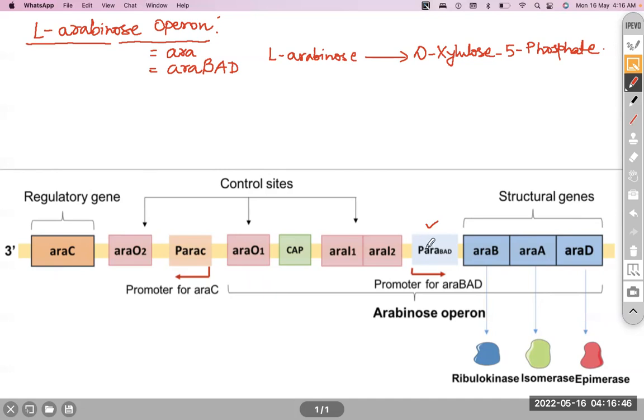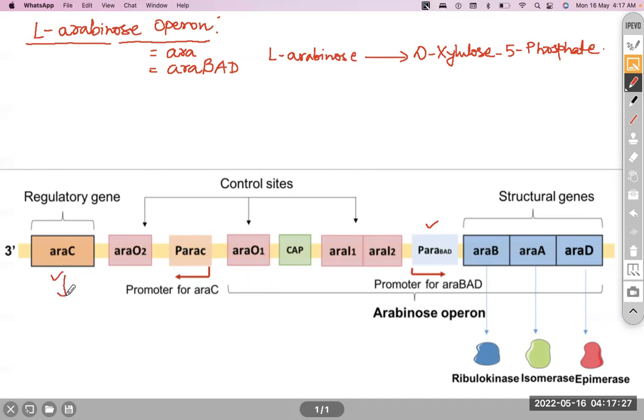But the expression of L-arabinose operon is controlled by a single unit, by the product of a regulatory gene. The regulatory gene's name is araC. This means a single gene is involved in controlling the expression of this arabinose operon, and its name is araC, and this is the regulatory gene.